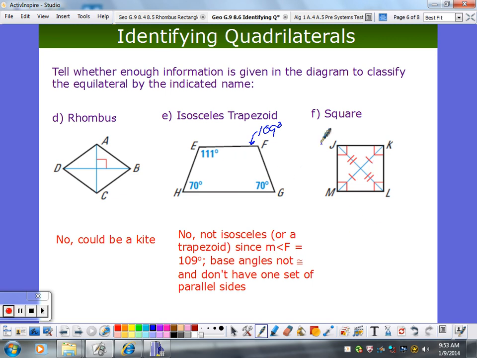Can I positively conclude this is a square? What do you think? We don't know if all the sides are congruent. What about the information about the diagonals?